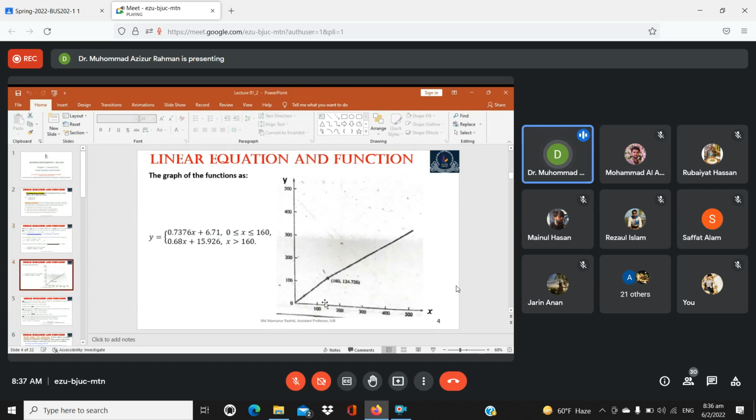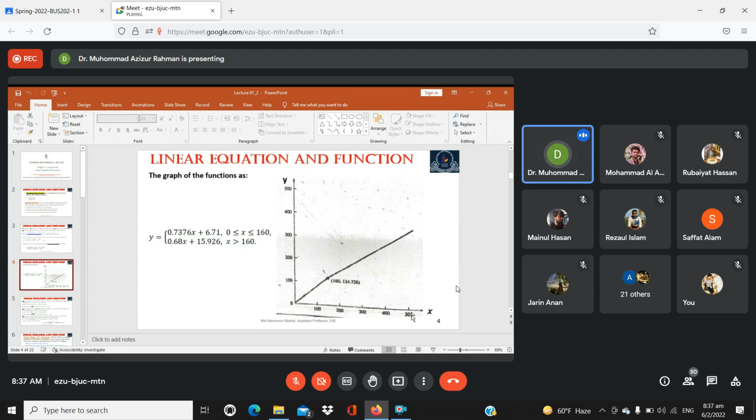If x equals 160, maybe somewhere here, the value of y will be 124 somewhere here. So we can get the first point. We can connect from 0 to this first point. And for the next one, we need to calculate from here.